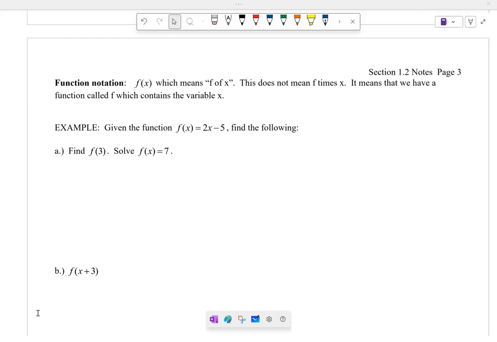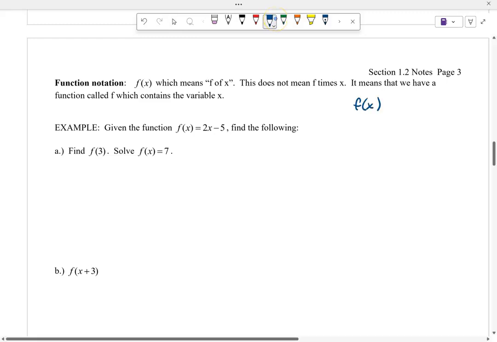All right, so function notation, f of x. F of x, this is just a nickname for y. But what it's saying is, go ahead and input that x value and see what you get for y, right?